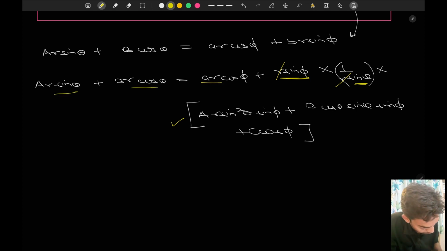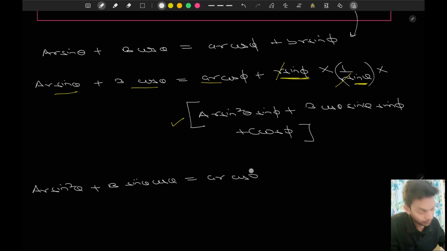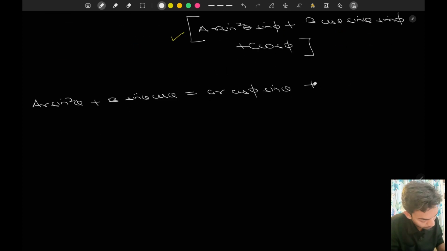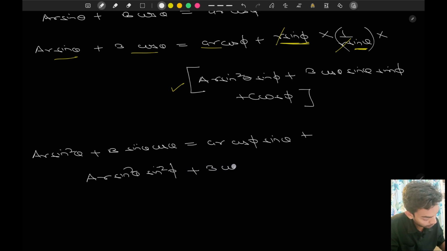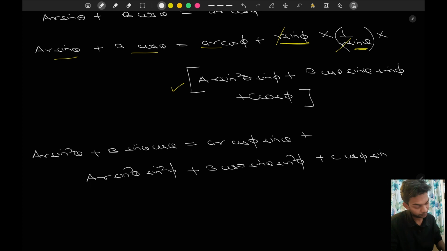Okay, so let's do that. So we have AR sine square theta plus B sine theta, sorry, there is no R, B sine theta cos theta is equal to AR cos phi sine theta, plus A sine square theta sine square phi, because this term we have to multiply by sine phi, plus B cos theta sine square phi plus C cos phi sine phi, right?